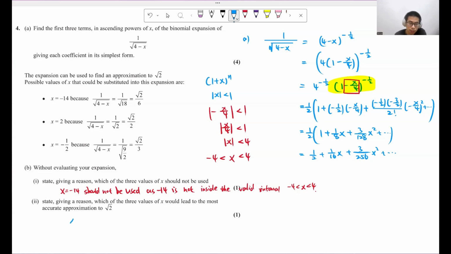So x equal to -1/2 would lead to the most accurate approximation to root 2, as x equal to -1/2 is the closest to 0.